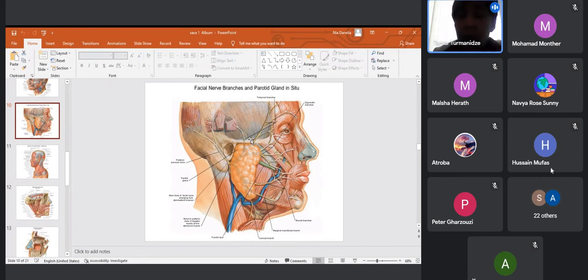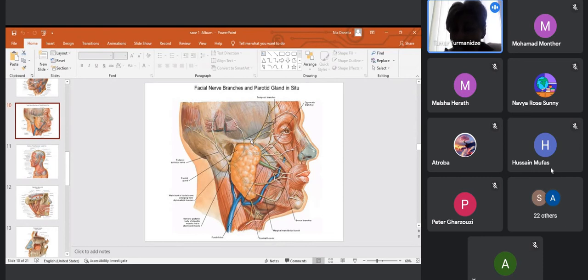Parotid gland is a salivary gland, yeah? It is covered by parotid fascia. Parotid fascia is part of the superficial layer of the deep fascia of the face.